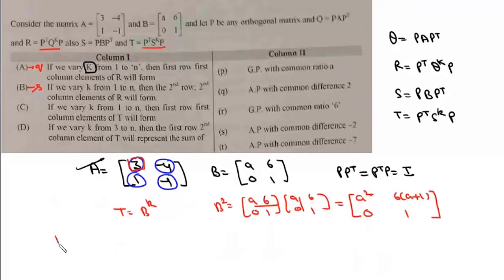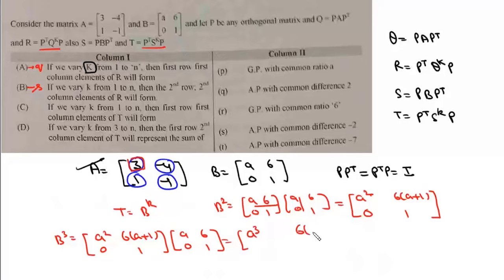Now, if we find B cube, it will be [A square, 6A plus 1, 0, 1] into [A, 6, 0, 1]. Now we multiply it, we'll get A cube, and here it will be 6A square plus 6A plus 1. So it will be 6 into (1 plus A plus A square), and here it will be 0, and here it will be 1.